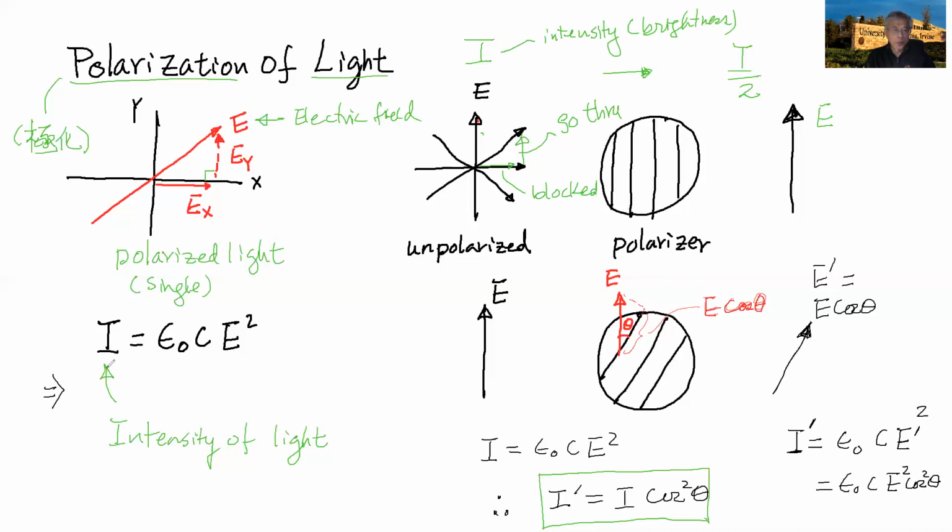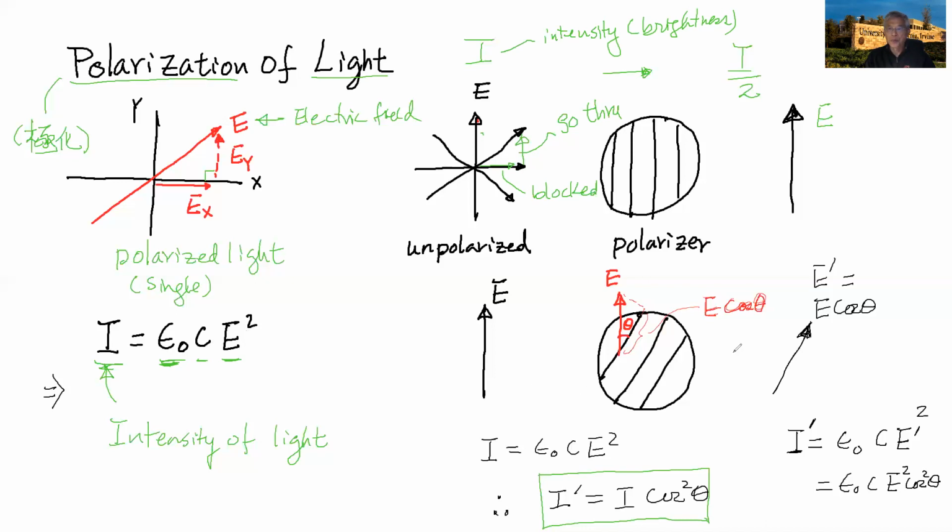As we recall from earlier, intensity is equal to epsilon 0, the permittivity, times the speed of light, times E squared, the magnitude of the electric field squared.